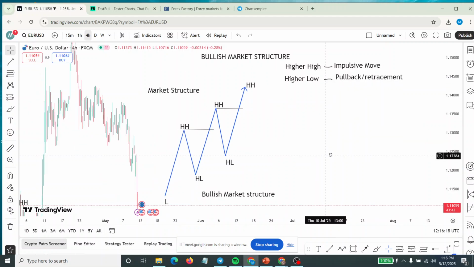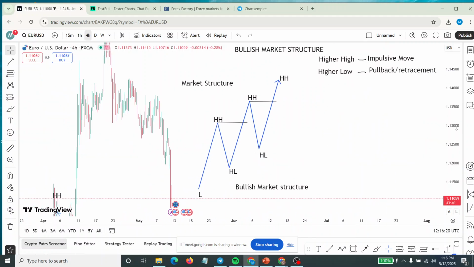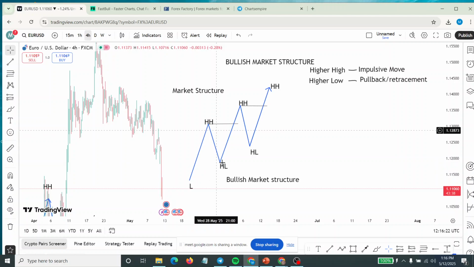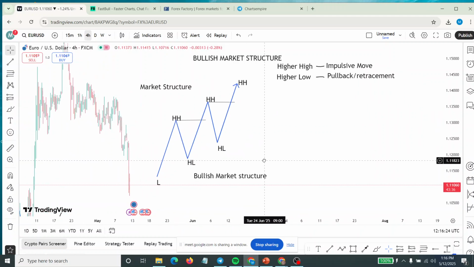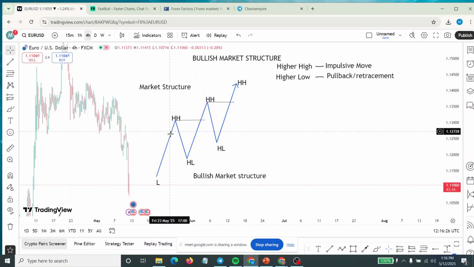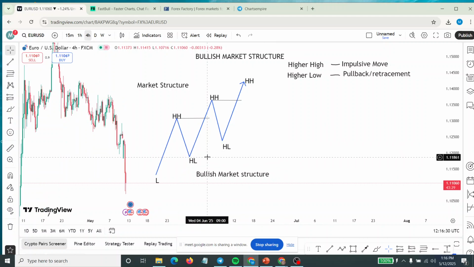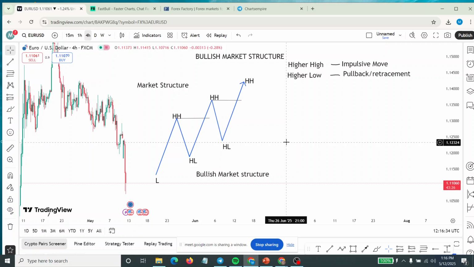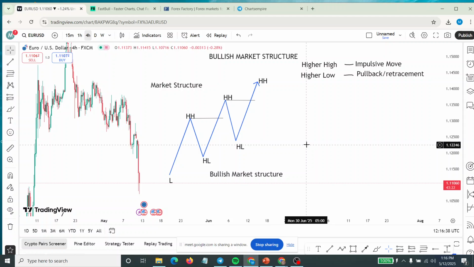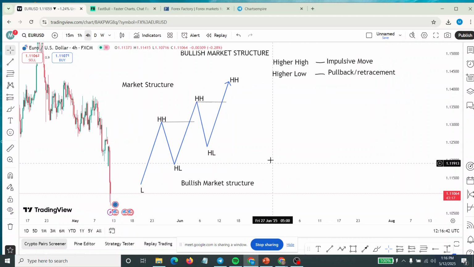So we have identified the structure of the market, and it is obvious that this market is bullish. With this bullish market we want to bring out our components to let us identify if truly this market is on an uptrend. It is visible that it is on an uptrend, but the components are what will make us understand.